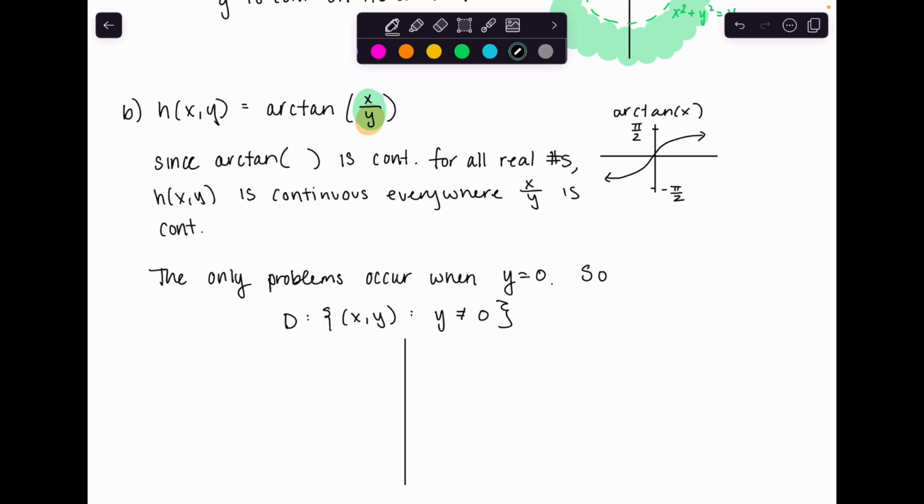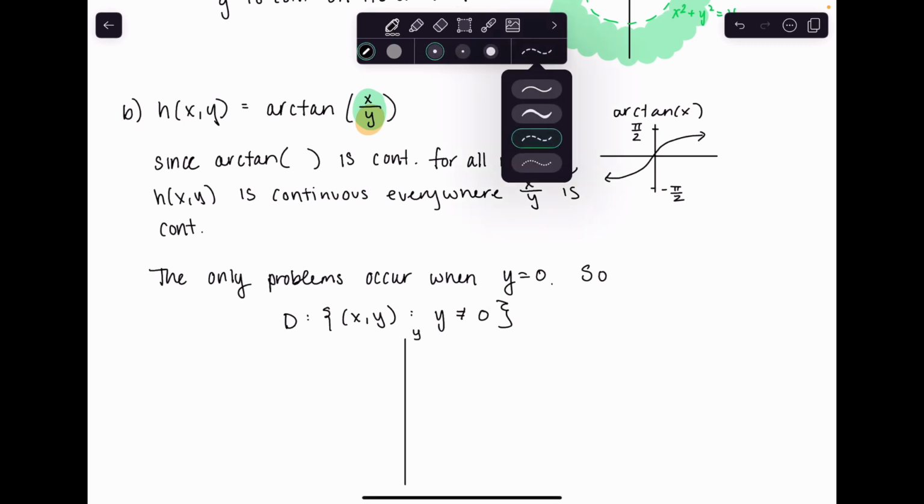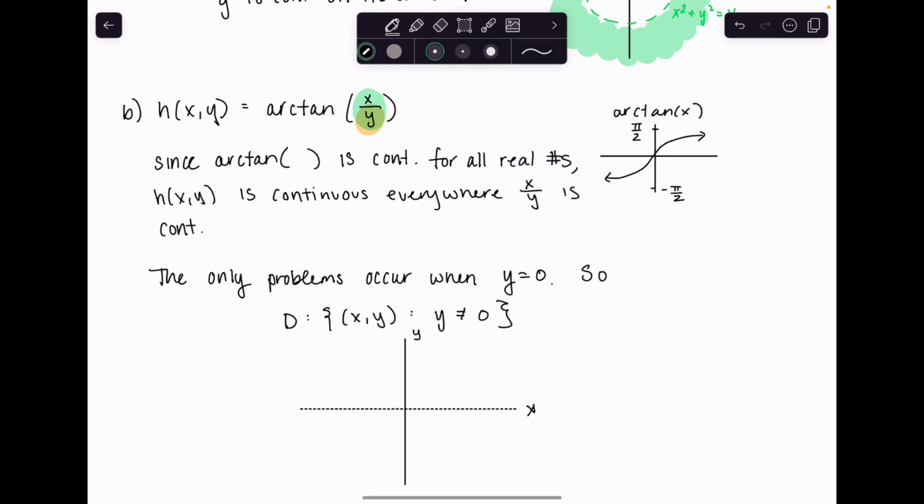So if I were to graph this domain, my x-axis would have to be a dotted line, and the domain is everything except that. So you get to shade everything except the x-axis.